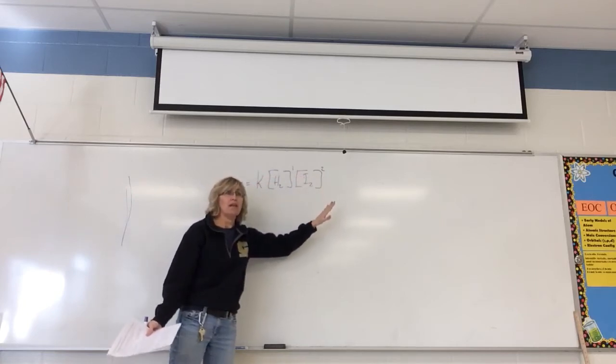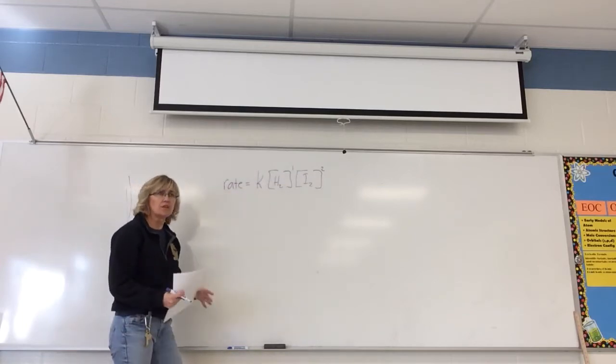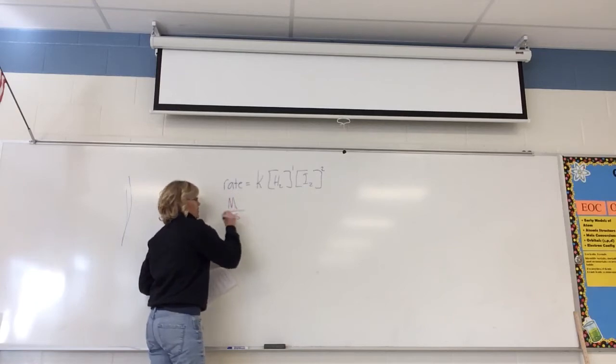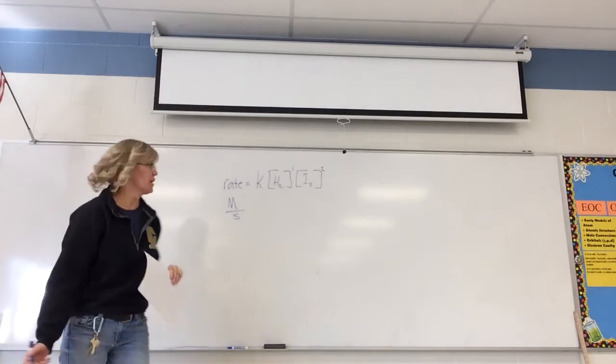Now, to show you how that plays out with units, let's look at the units. Rate is always molarity per second, correct? If it were partial pressures, it would be partial pressure per second.